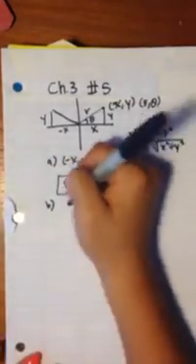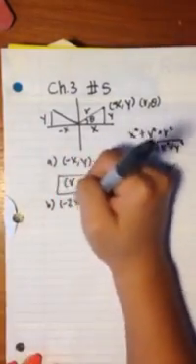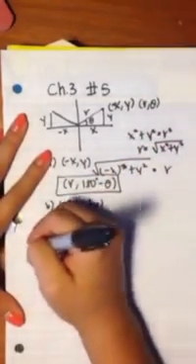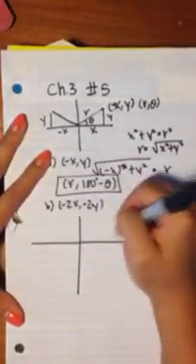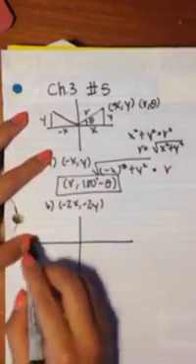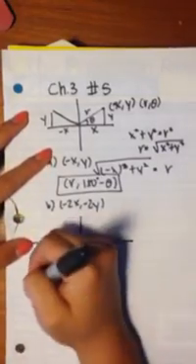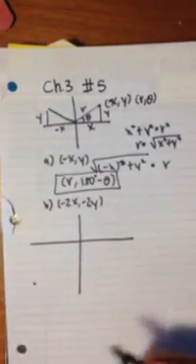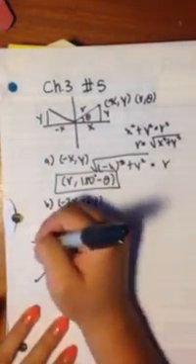Okay, for part B, it is looking for (-2x, -2y). So I'll make another graph. Before it was up here, now it's going to be twice as far to the left and twice as far down, so it'll be down here somewhere. Okay.